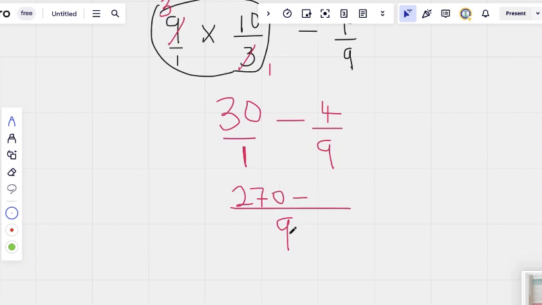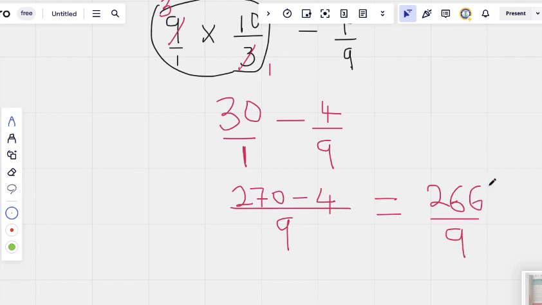Minus 9 divided by 9, 1. 1 times 4 is 4. So we get 270 minus 4, that's 266, right? So we get 266 over 9. This is an improper fraction.